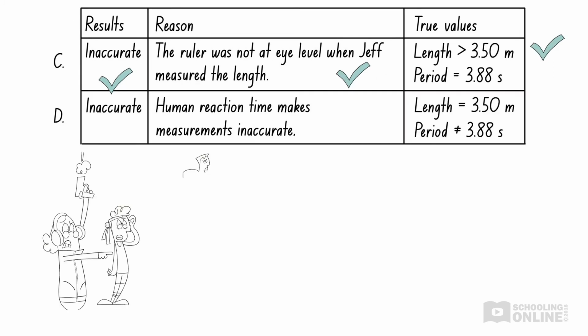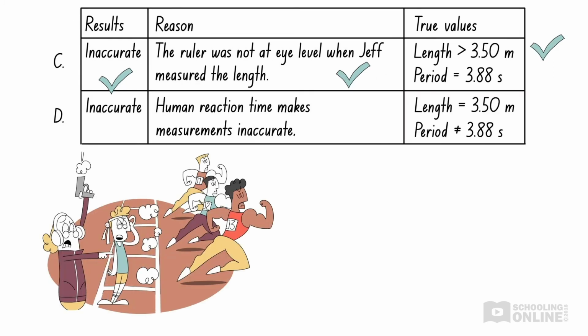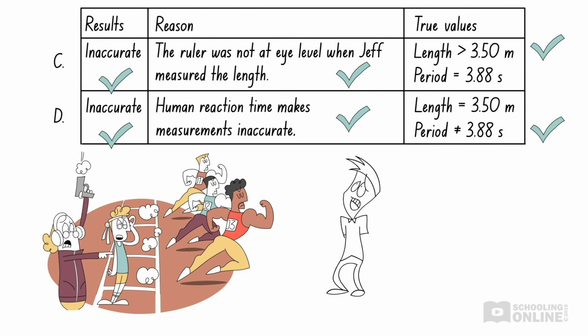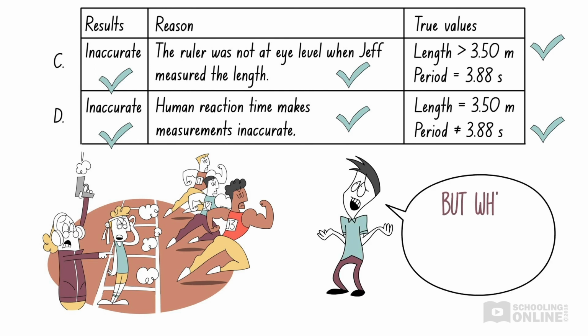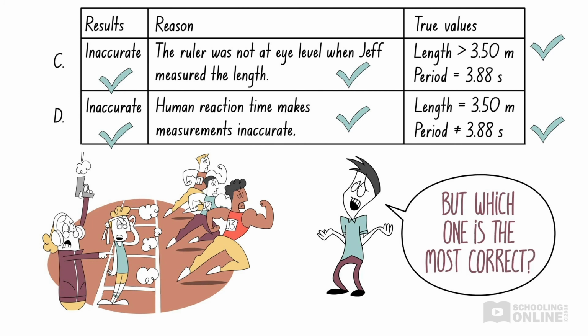Option D describes the effect of human reaction time. The period of the pendulum may have been measured inaccurately, leading to inaccurate final results. This is plausible, so both options C and D appear to be correct. In spite of this, we need to find the most correct answer in the HSC exam, so we must determine whether parallax error or human reaction time is more significant.